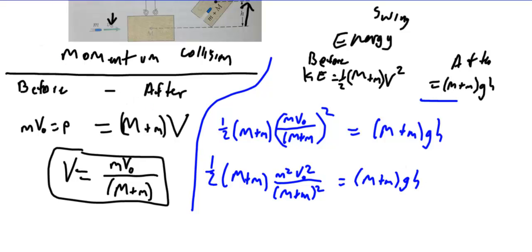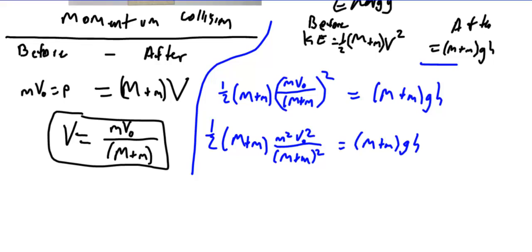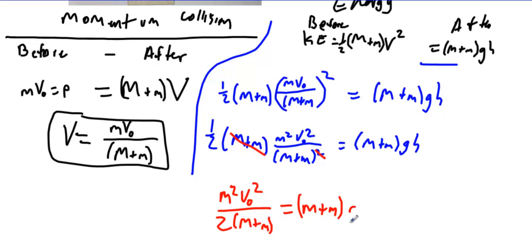Let's do some algebra and get rid of some stuff that we don't need to see anymore. This big M plus little m cancels one power of that square. Then I have m squared v0 squared over 2, this is the half, times big M plus little m equals big M plus little m times gh.